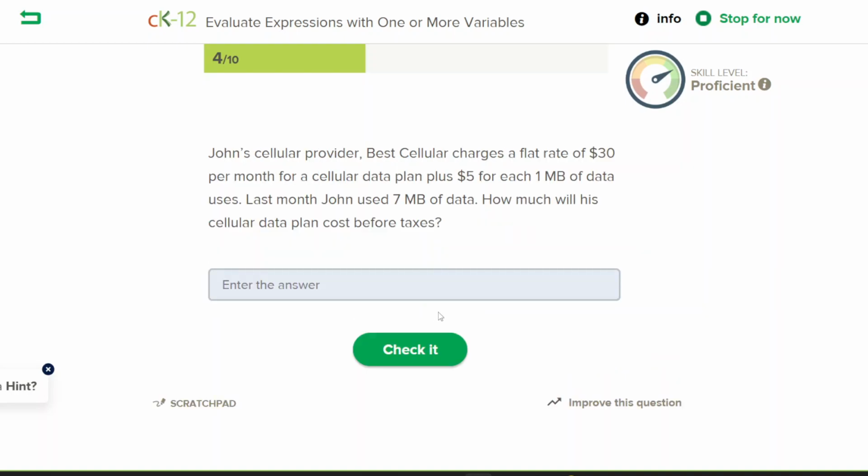Hopefully you're getting the hang of what's going on here. You have expressions with variables, and you have to plug in values for those variables. So here, this final example I'm going to do is one where an expression is not given to us. We have to create our own expression and then plug in certain numbers.